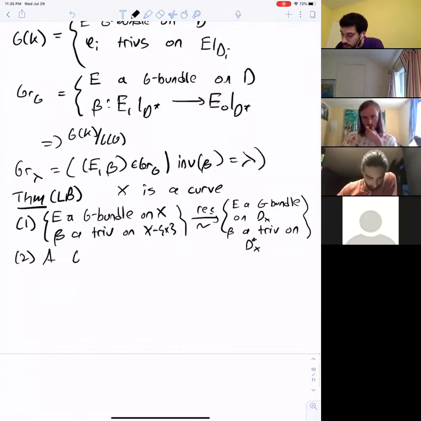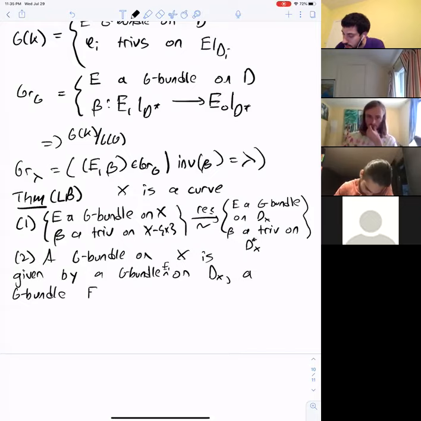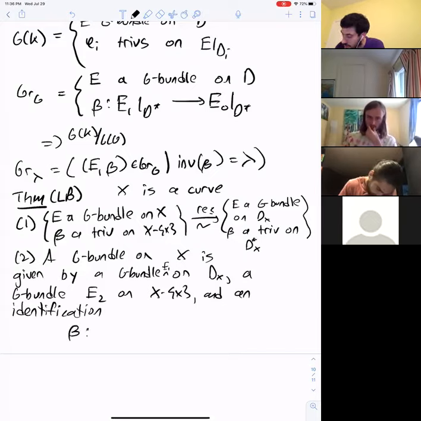We have that a G bundle on X is given by a G bundle E1 on dx, a G bundle E2 on X minus a point, and an identification beta from E1 restricted to the punctured disk around that point to E2 restricted to the punctured disk around that point.